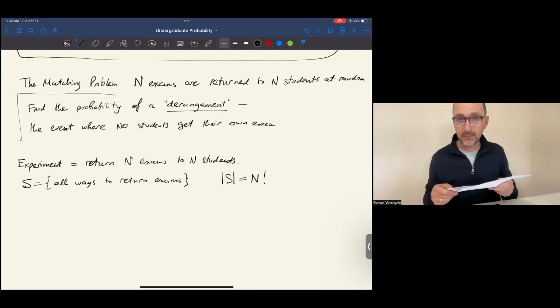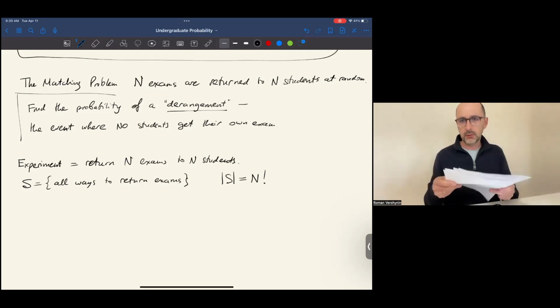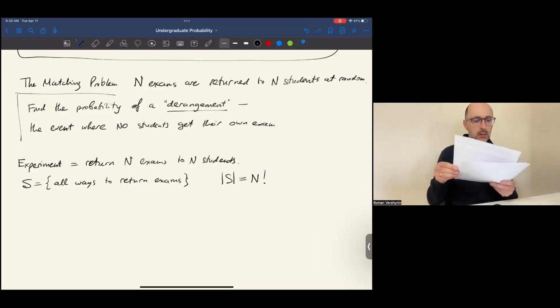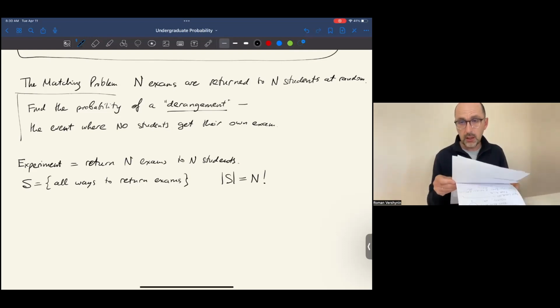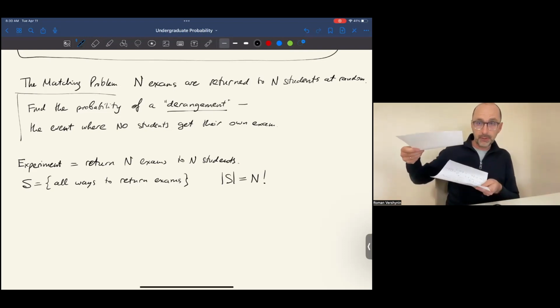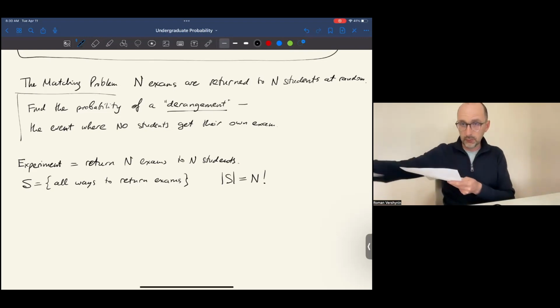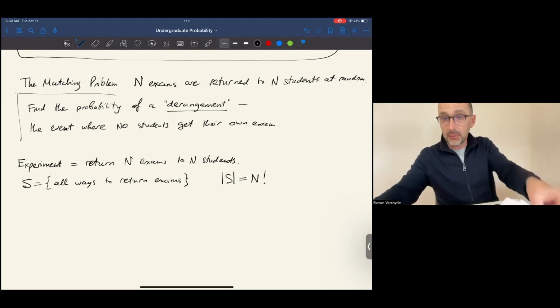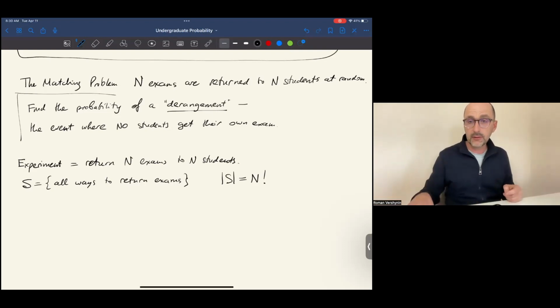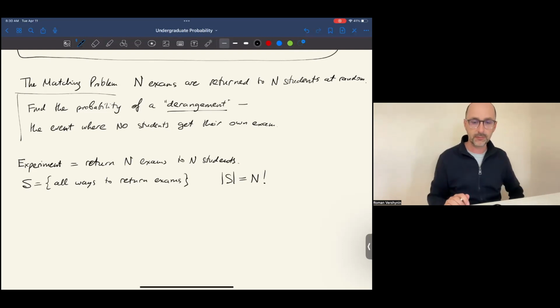To see this, imagine I keep the stack of exams, then I shuffle them, so I make some reordering, some permutation of these exams, and after I do this permutation, I return the top exam to student 1, the second exam to student 2, student 3, and so on and so forth. The number of ways to return the exams is just the number of permutations. It's how many ways I can reshuffle the exams, and that's n factorial, the number of permutations on n objects.